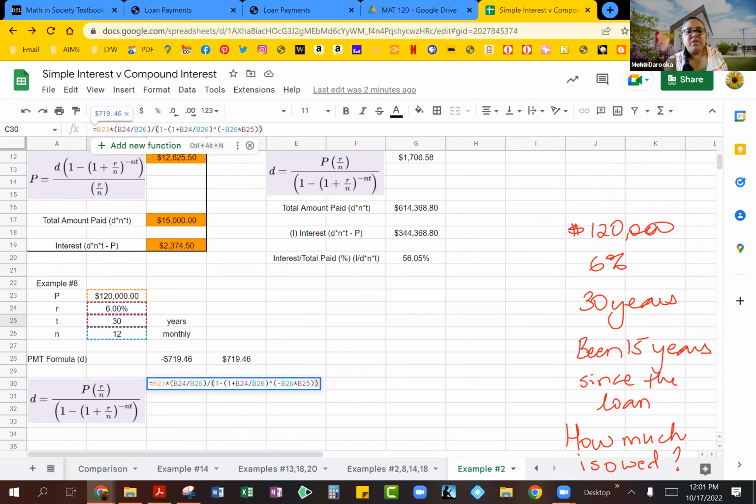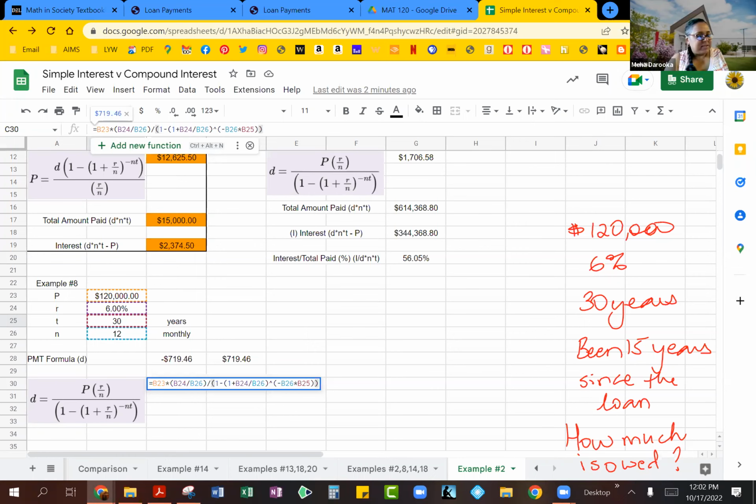Okay, so now that we know how many monthly payments we are making, what you basically want to do at this point is figure out what the present value of your loan is going to be at this 15-year mark. You've made the payments for half the time of the loan, but now you're trying to figure out, okay, I still have 15 years remaining, so I have all of these payments remaining.